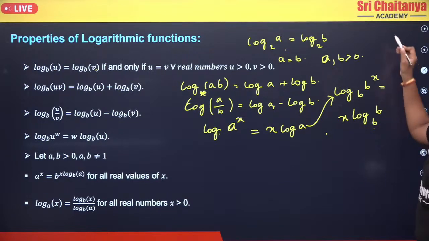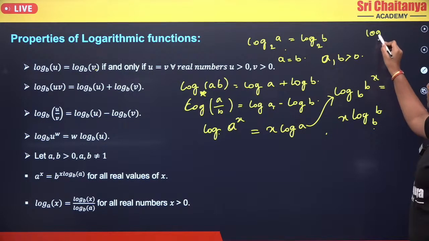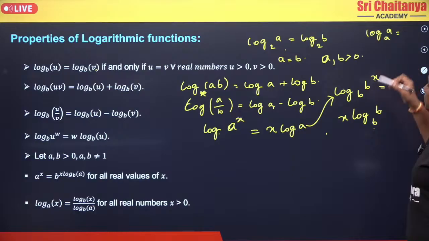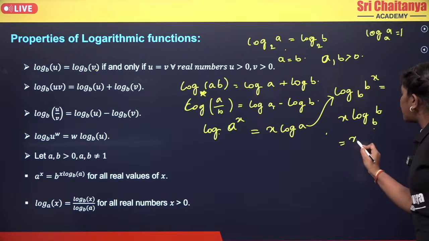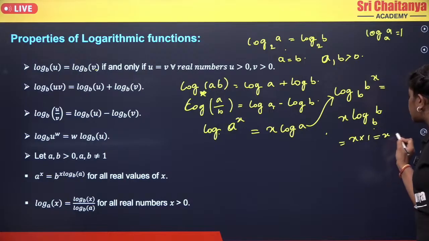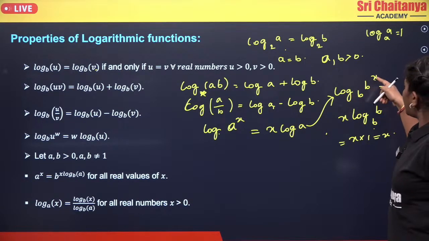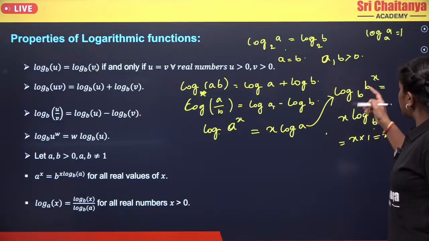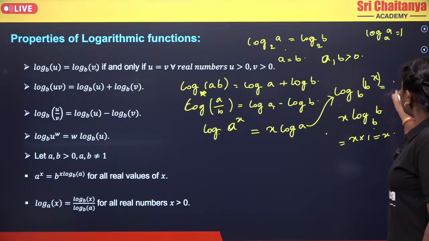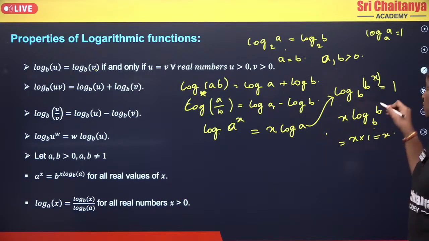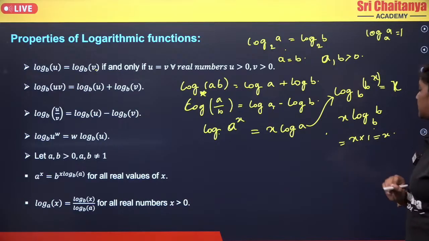If we observe one of the identities, log a to the base a equals how much? It becomes 1. So that becomes x into 1, which is nothing but x. Therefore log of b to the power x to the base b will give you x.